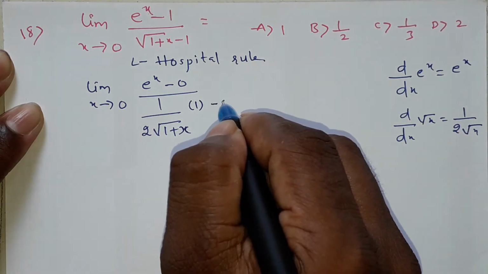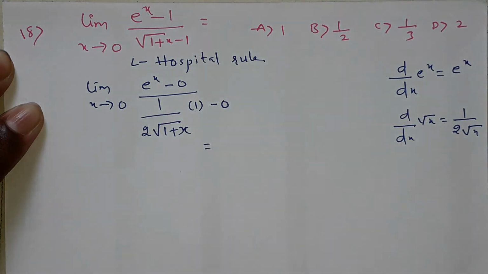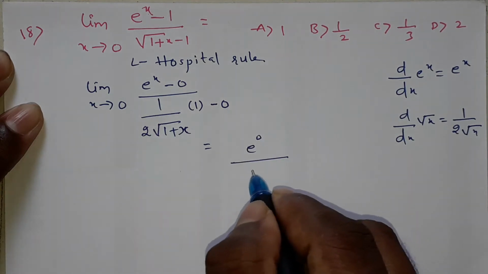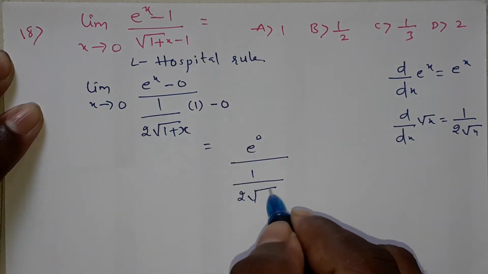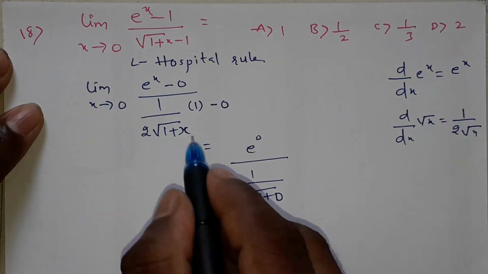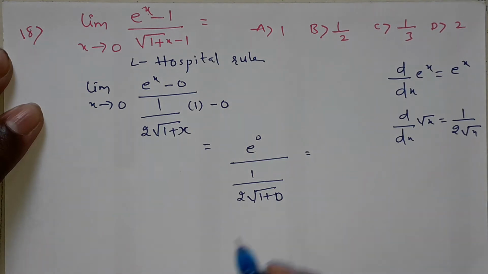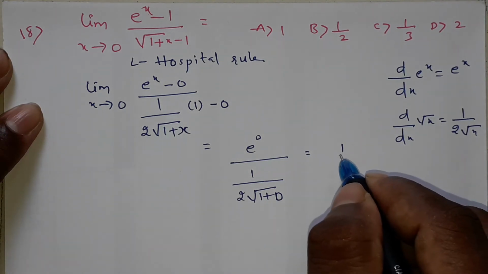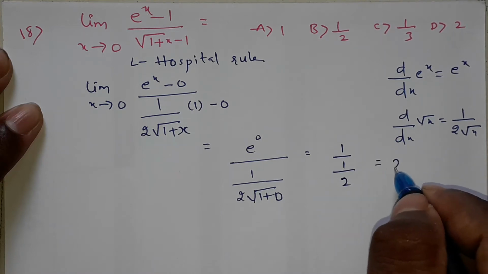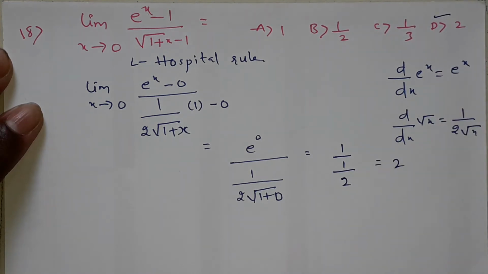Substituting the limit: e^0 by 1 by 2 into 1 plus 0, with x replaced by 0. Value is 1 by 1 by 2, which is 2. So the answer is option D.